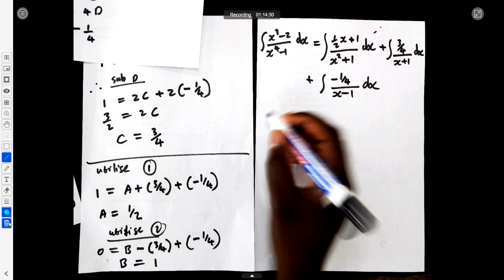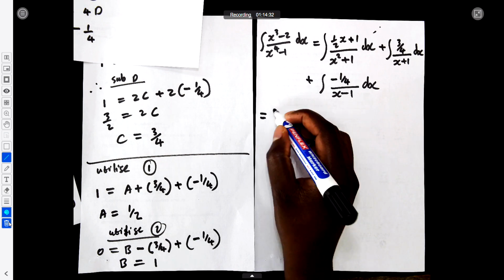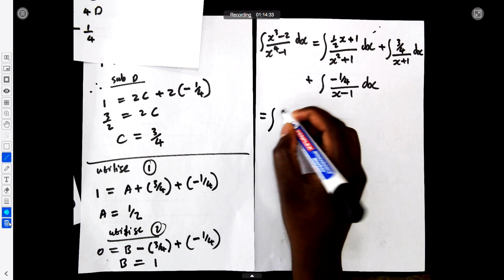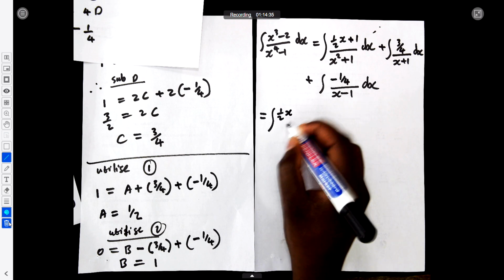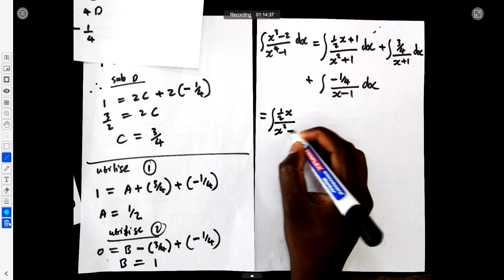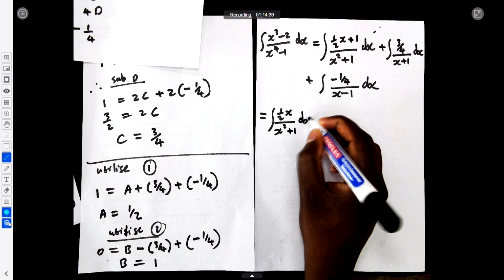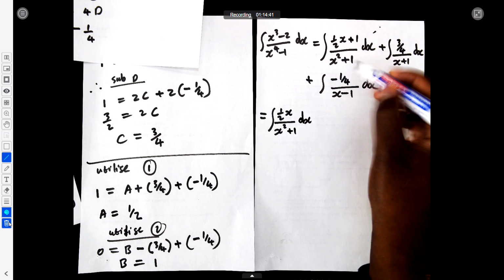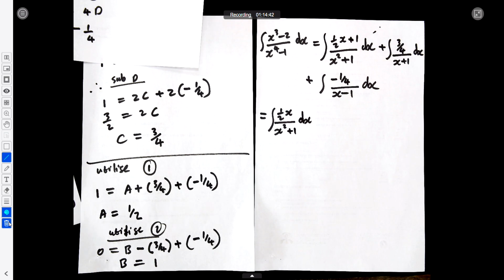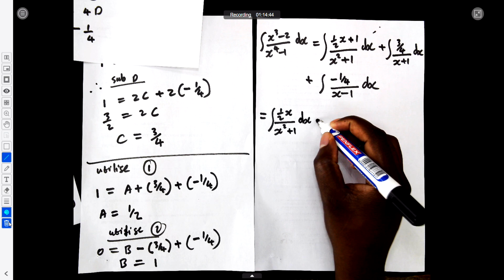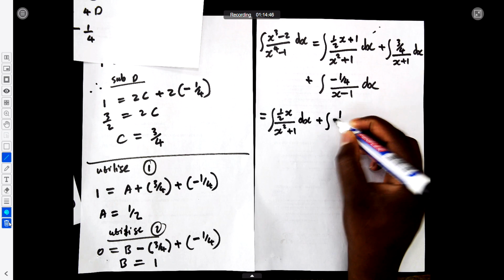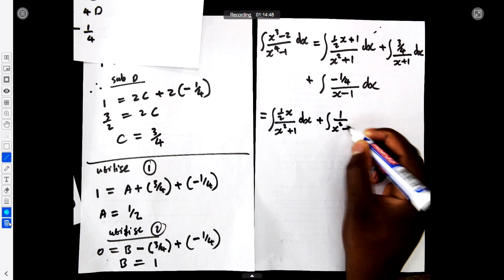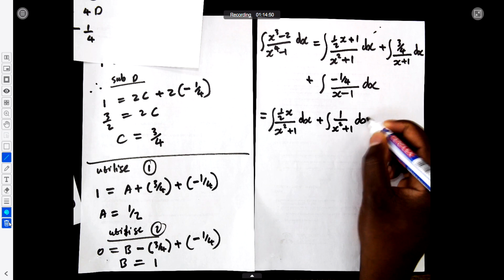So that's where now you can state the following: I can express it as the integral of half x all divided by x squared plus 1 dx. Remember, this denominator is shared by both numerators. So plus the integral of 1 over x squared plus 1 dx.